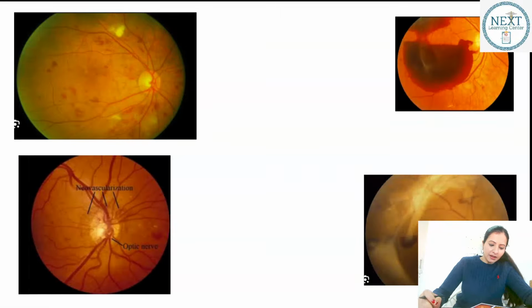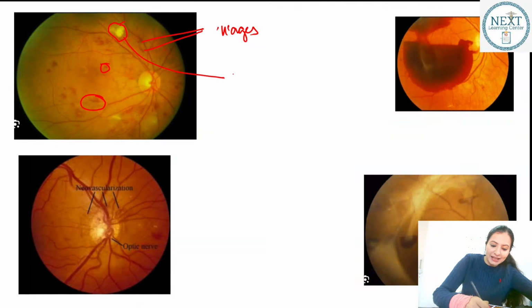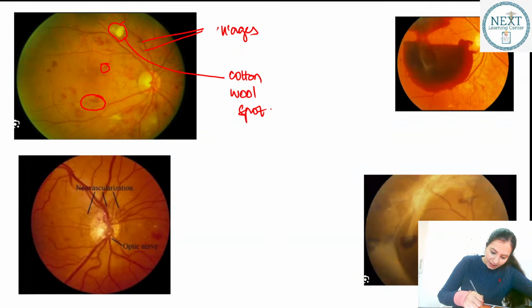Then if we look at how all these look, these are your hemorrhages. These flame shaped hemorrhages, this is dot blot hemorrhage. This white fluffy dot, yellow white, is what you call a cotton wool spot. These are your fragile thin blood vessels. You will call it neovascularization.